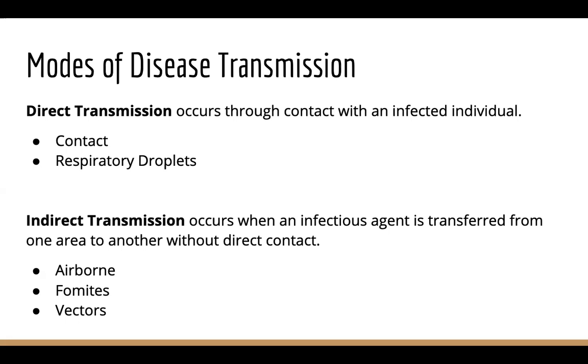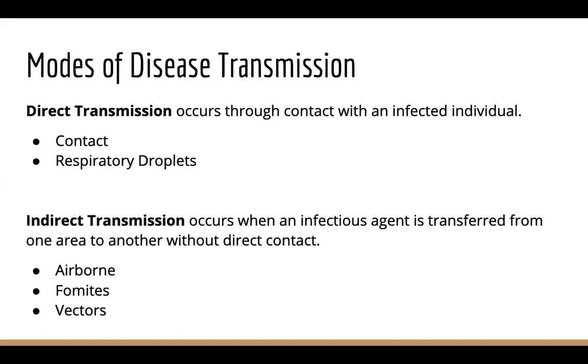You can have airborne transmission, which is sort of similar to respiratory droplets, but the difference between respiratory droplets and airborne transmission is that airborne occurs through droplets, which are so small that they become into the form of an aerosol, and they sort of stay in the air, and if you breathe them in, you can become infected with a virus like the coronavirus or the flu.